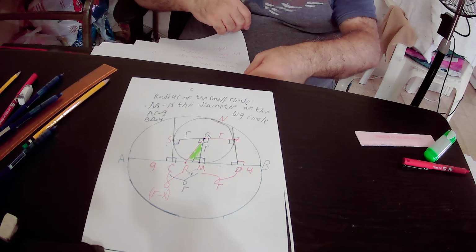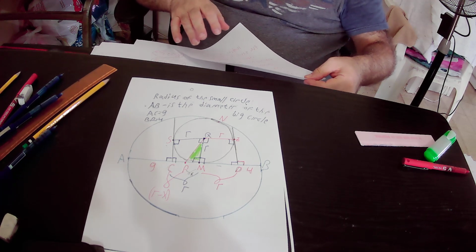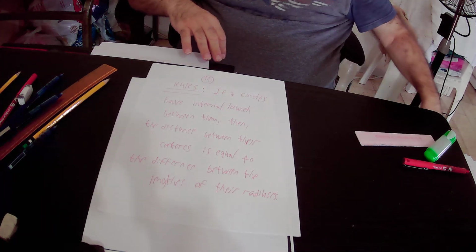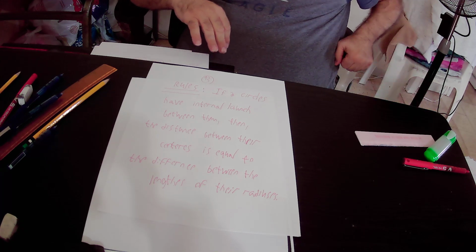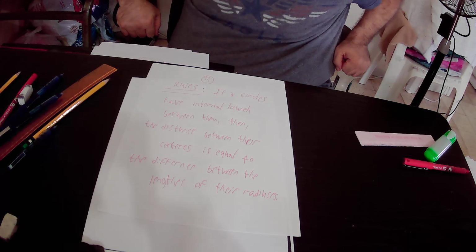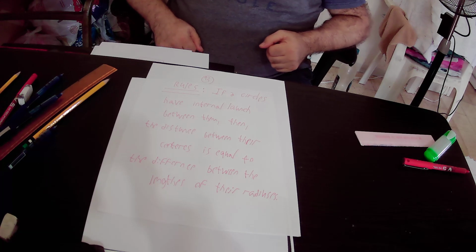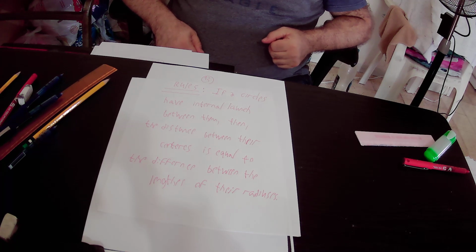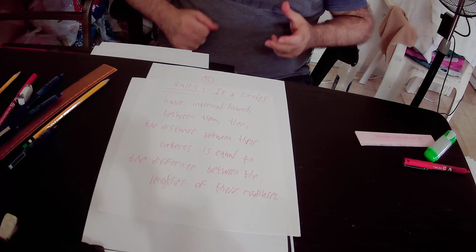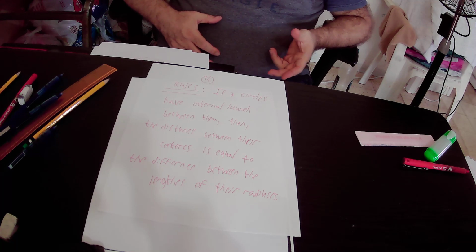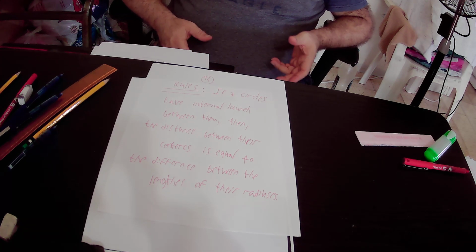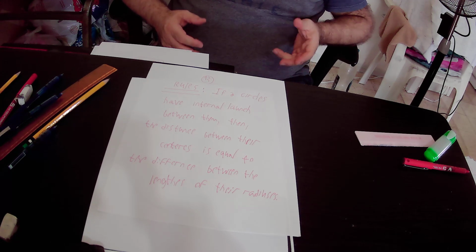And then we presented rule number 5, and we implemented rule number 5 on our two circles. According to rule number 5, if two circles touch each other internally, then the distance between their centers is equal to the difference between the lengths of their radiuses, or D equals R1 minus R2.